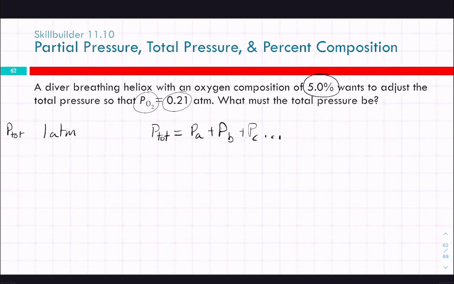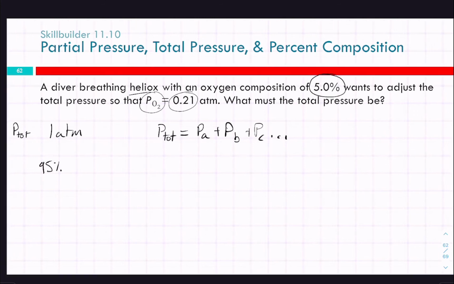The other law that we learned for partial pressures, and first of all, why can't we use this? You're only given one, right? Or the total is being adjusted, so you can't use it. If we assume that the rest is helium, so we've got 95% helium, 5% O2.